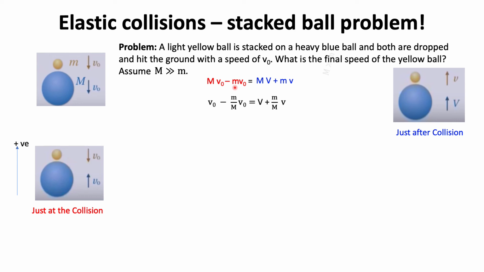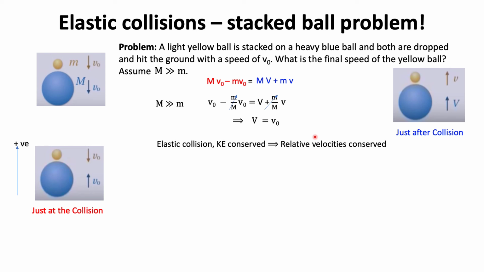Okay, so get rid of these two terms and we are just left with this equation, that is capital V is equal to V0. That means the velocity of the blue ball just after collision is equal to V0.